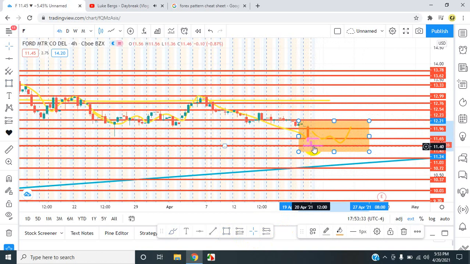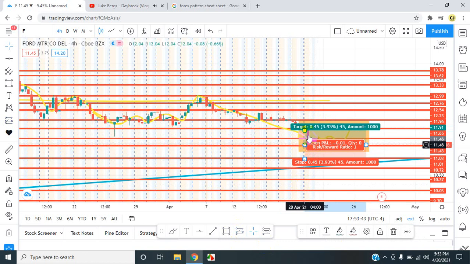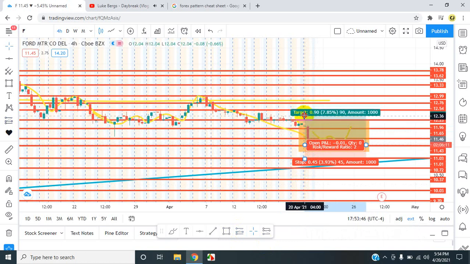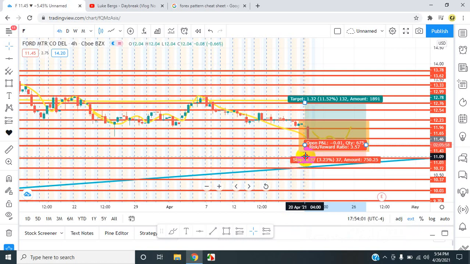So let's say the market does identify itself in this area, how far would we take it up? If this was a trade, let's say we caught it here, and let's say we take it back up to previous areas of higher highs. Let's say we take it up to our yellow line, which would give us a total of 132 pips on the way up and about 45 pips on the way down, and that can be tightened up a lot more as well.